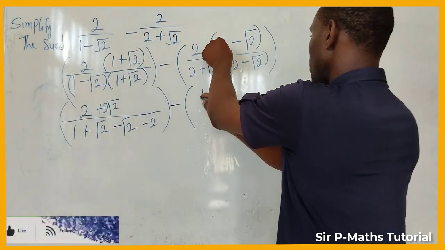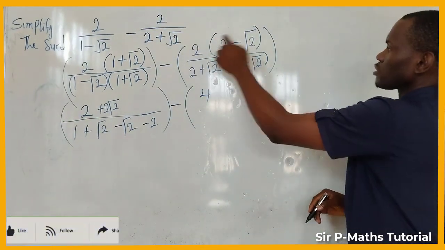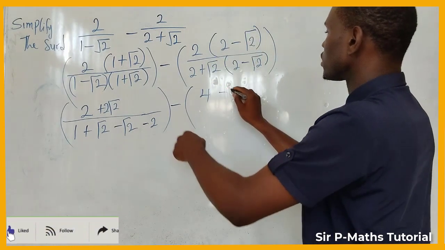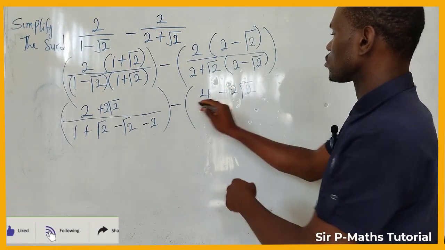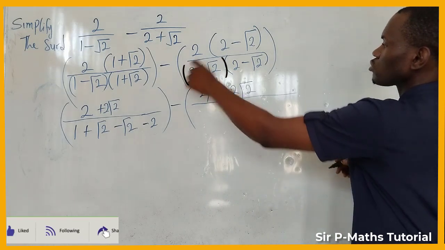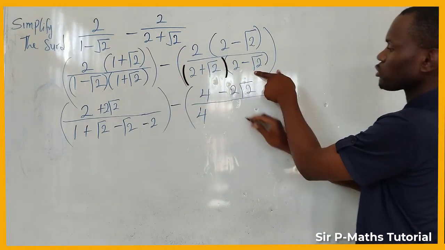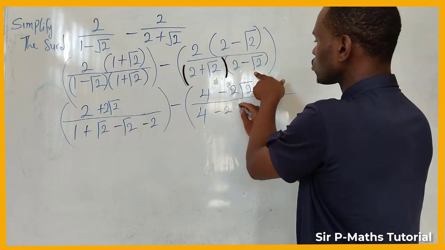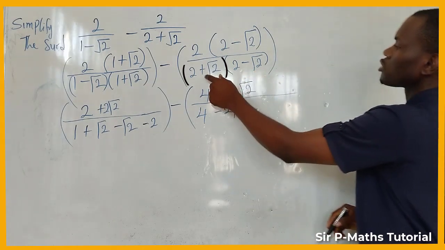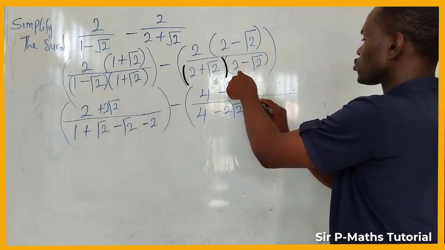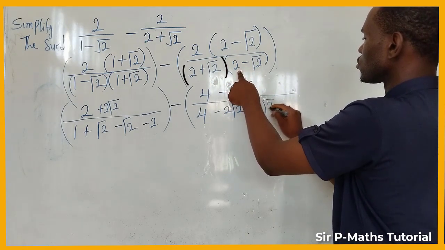2 multiply 2 will give me 4. Then 2 multiply root 2, negative root 2, is minus 2 root 2, over 2 times 2 will give me 4. Then this 2 times minus root 2 will give me minus 2 root 2. Root 2 multiply 2 will give me 2 plus 2 root 2.